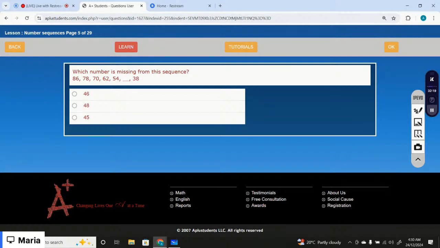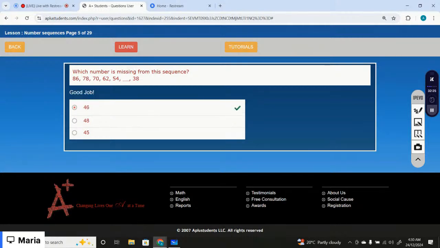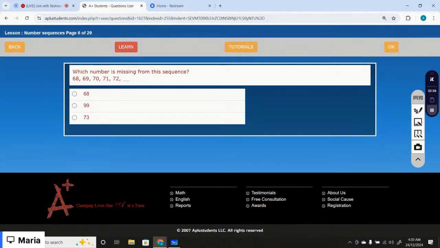So 54 minus 8 is 46. It is very good. Option number 1 is the correct option. Which number is missing from the sequence?